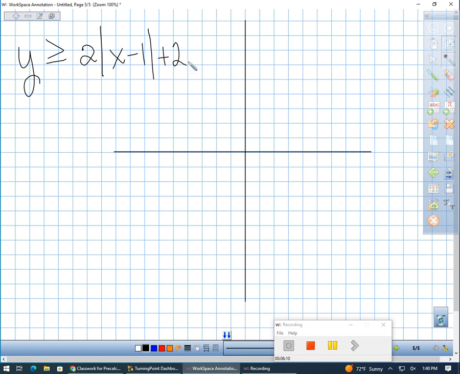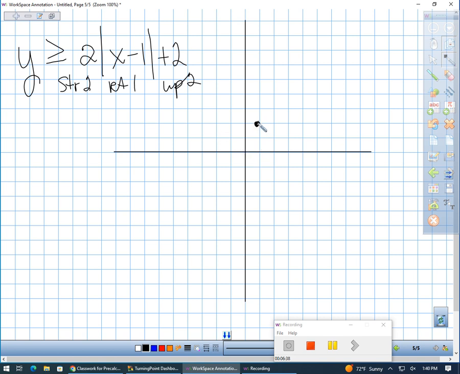So we have to graph this absolute value. Somebody tell me how does this translate? Good. Right 1, up 2, good. And a stretch of 2. All right. So we're going to start by going to the right 1 and up 2.